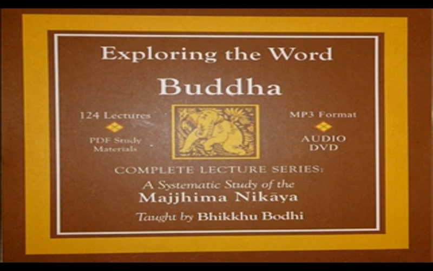Through contact, when contact takes place, there arises feeling. And so then we get the 6 classes or 6 types of feelings. Feeling that arises from eye consciousness, feeling that arises from ear consciousness, and so feeling from each of the other types of sensory consciousness.